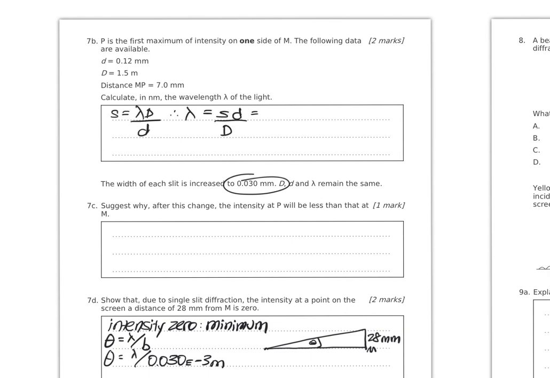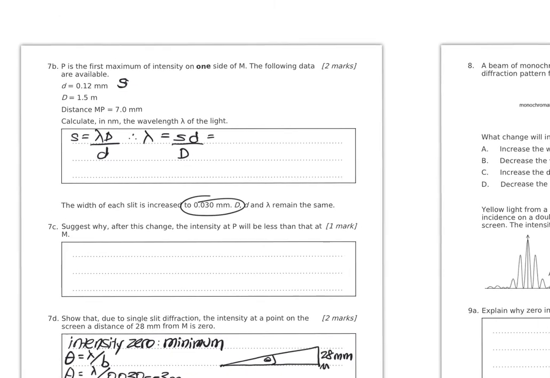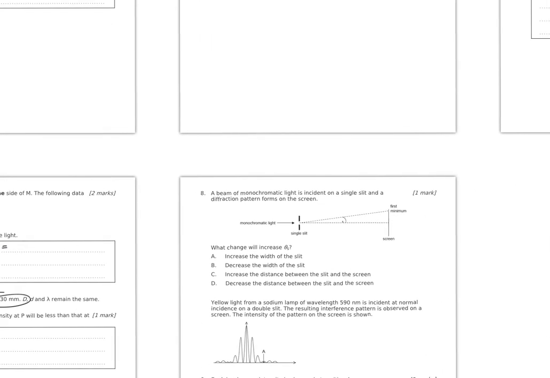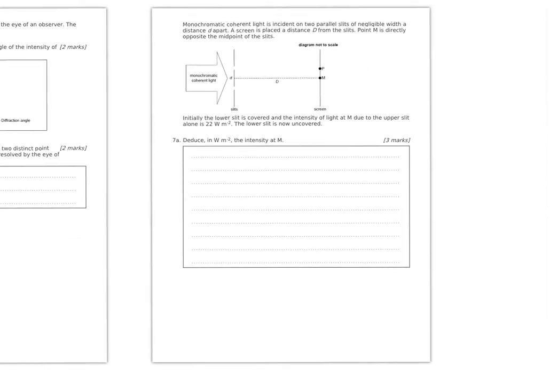Now this is kind of dipping back into the double slit. We have s equals lambda D over d, where s is the slit separation, and so according to these variables that you're using, this guy right here is actually s, and then D would be the distance to the screen, and then the distance MP, that would be the distance from the center of the primary maximum to the first secondary maximum.